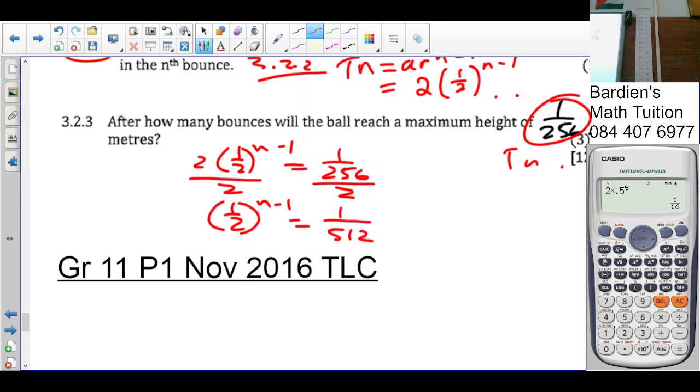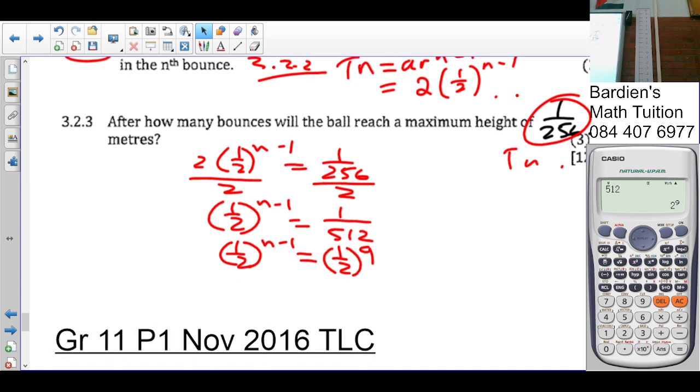Now 512 can be written as 2 to the 9. So we've got the half to the n minus 1 is equal to a half to the exponent 9. So the base remains the same. Therefore, n minus 1 is equal to 9. So n is equal to 10.